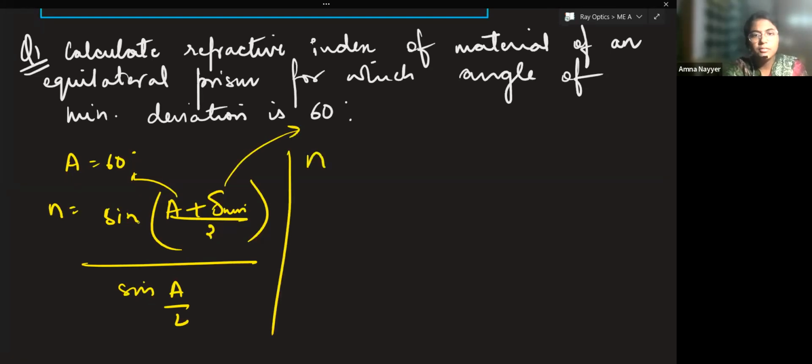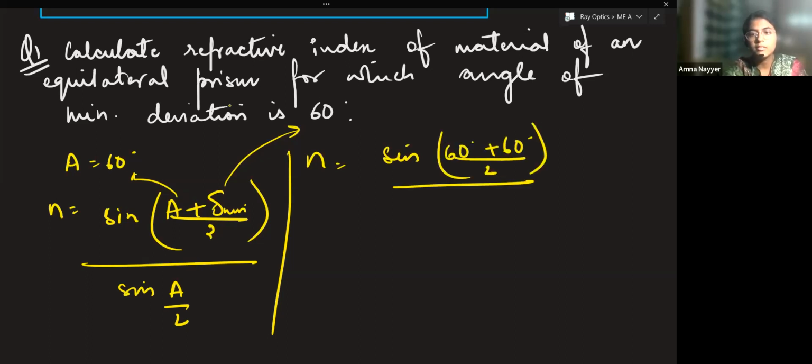See, the refractive index n will be equal to sine of (60 plus 60) by 2 divided by sine of 60 by 2. So that is 120 degrees divided by 2, that is 60 degrees.